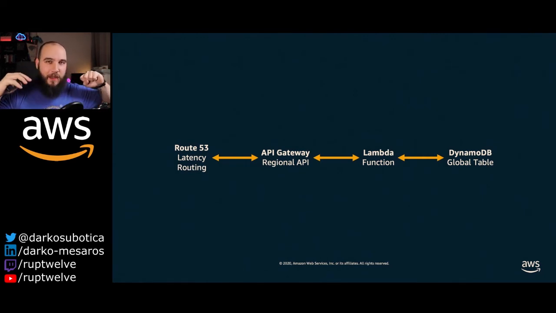The goal is to have a serverless application that is using its data from a DynamoDB global table, of course with Lambda functions and an API gateway as the interaction, and it's all going to be delivered through Route 53 latency routing. And in my case, I actually used not latency, but I'm going to be using the geolocation routing, right?